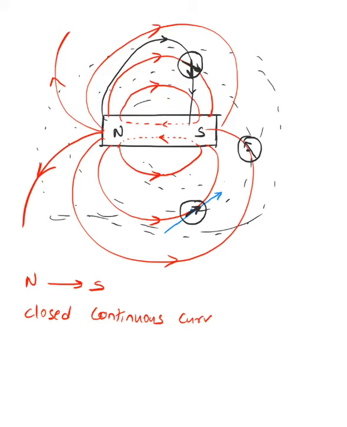According to the black line, your north is here. Can you have two different norths at the same point? Obviously not. Good enough. So you cannot have two different norths at the same point, and that proves that the magnetic field lines can never intersect one another. So they can also ask you this point: give reason why magnetic field lines cannot intersect each other.